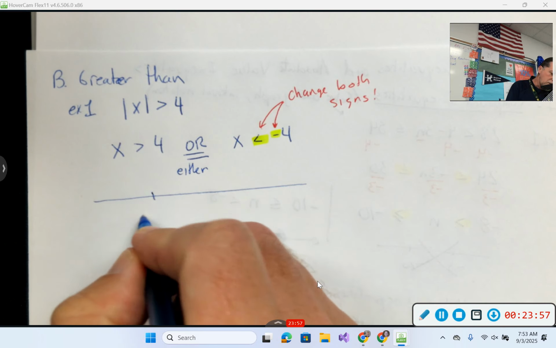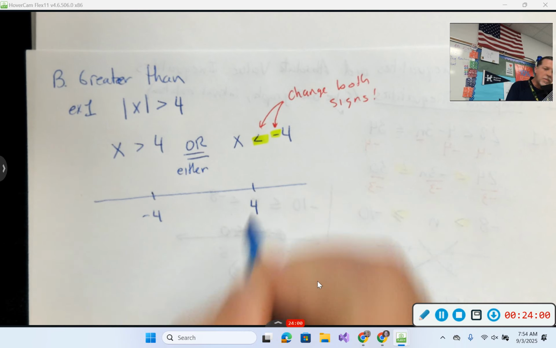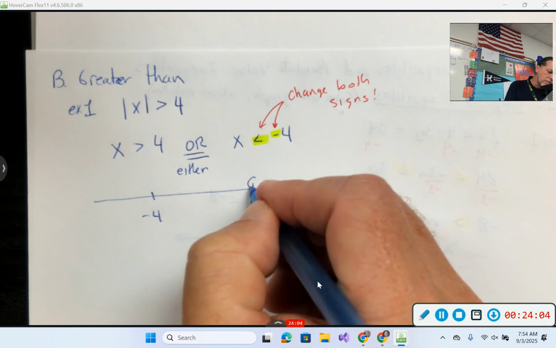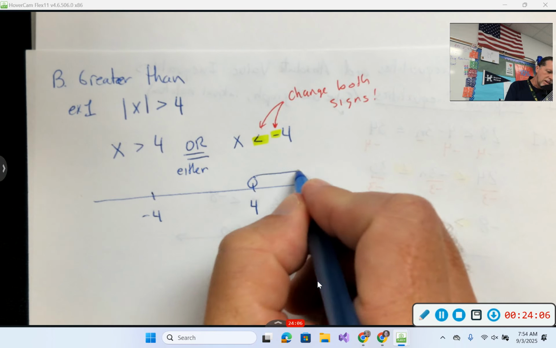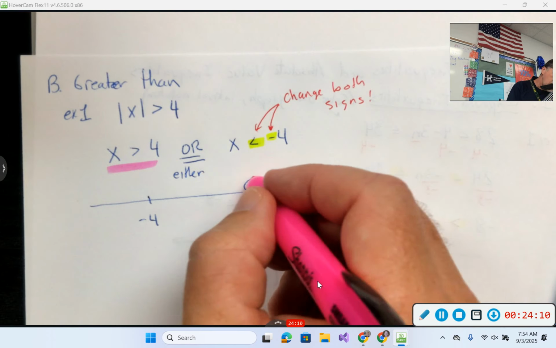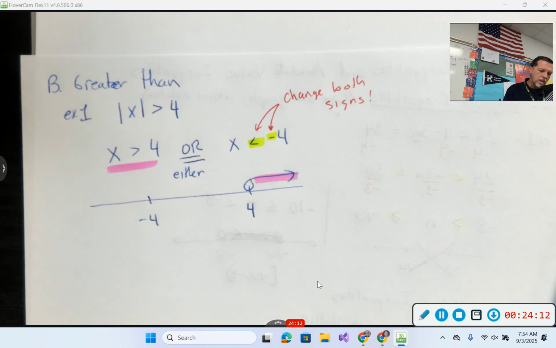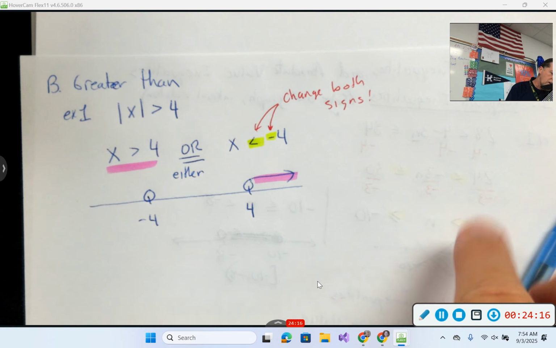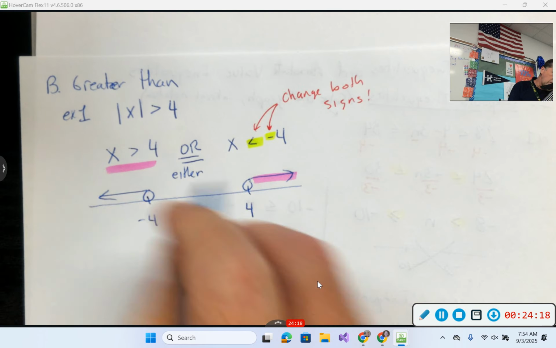Okay, so there's -4, +4. Greater than 4 would be that way. Less than -4 would be that way.